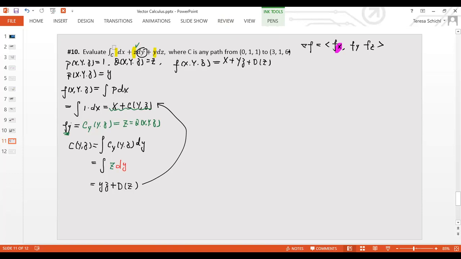So I do one more time: now I do the partial derivative for z. What happened to the x here? x disappears, so I have y left. Now what happened here? This is d prime z. So now I have one extra d prime z.